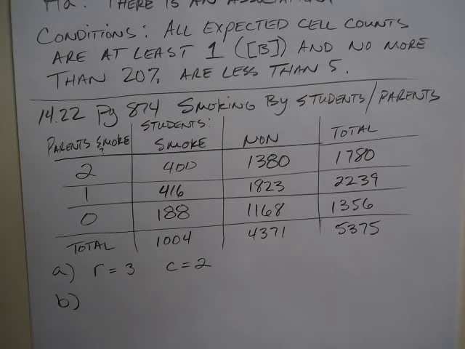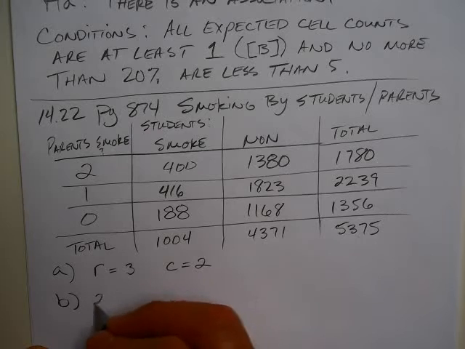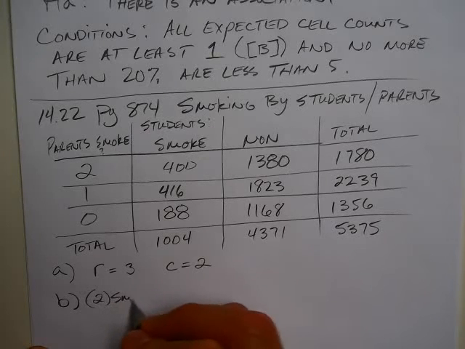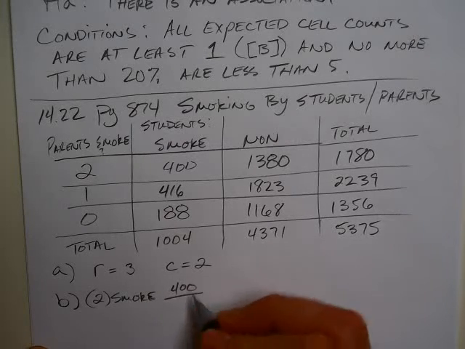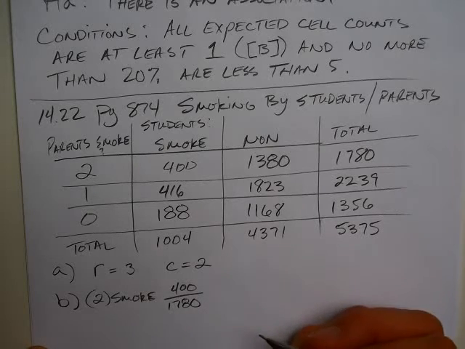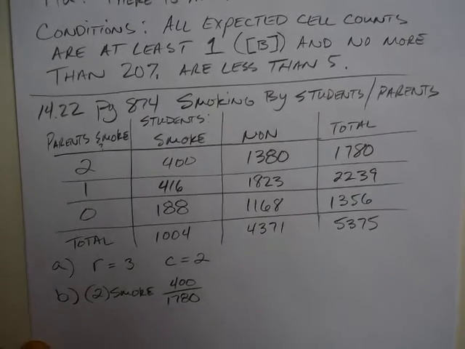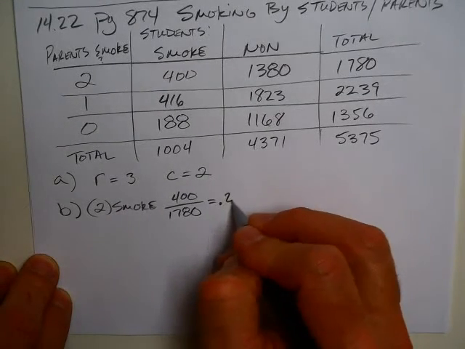Just kind of throwing that out before we get too far down here. B asks us to calculate the proportion of students who smoke in each of the 3 parent groups. Then describe in words the association between the parent smoking and the student smoking. So for 2 parents smoke, I've got 400 students out of 1,780 total in that category for a proportion of about 22.5%, 0.225.